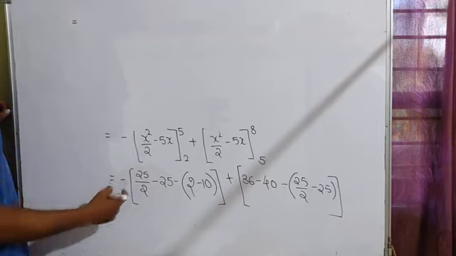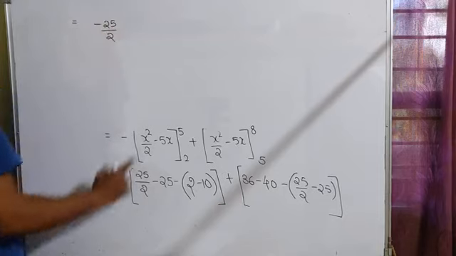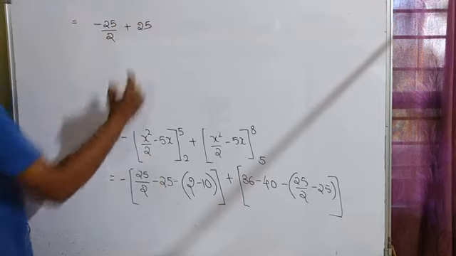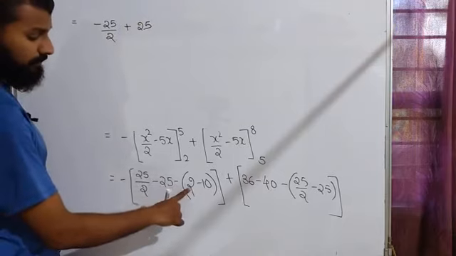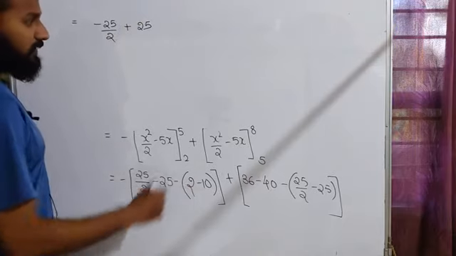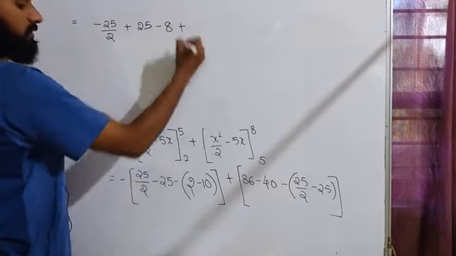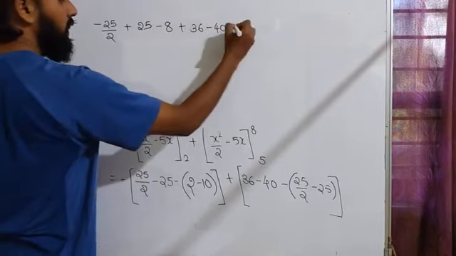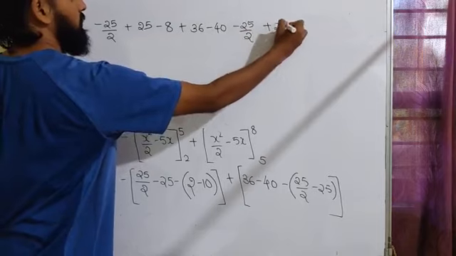So let me take this minus sign inside. So this will be minus 25 by 2, minus into minus will be plus 25, minus into minus will be plus, or you can say 8 minus 2 minus 8. So this will be minus 8, and here I will be having plus 36 minus 40 minus 25 by 2 plus 25.